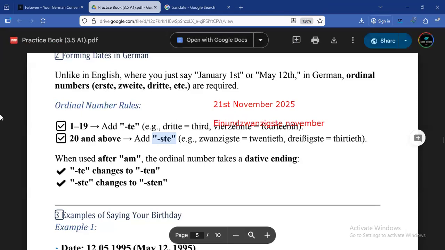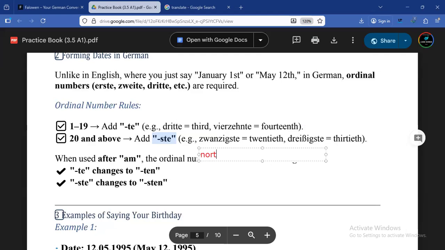But when we have this in front of numbers, it's going to affect the endings. Even in English, when you check words like north, south, and so on, when it's just there like that, we say north, south. But if you add a position in front of it, then it changes to what?